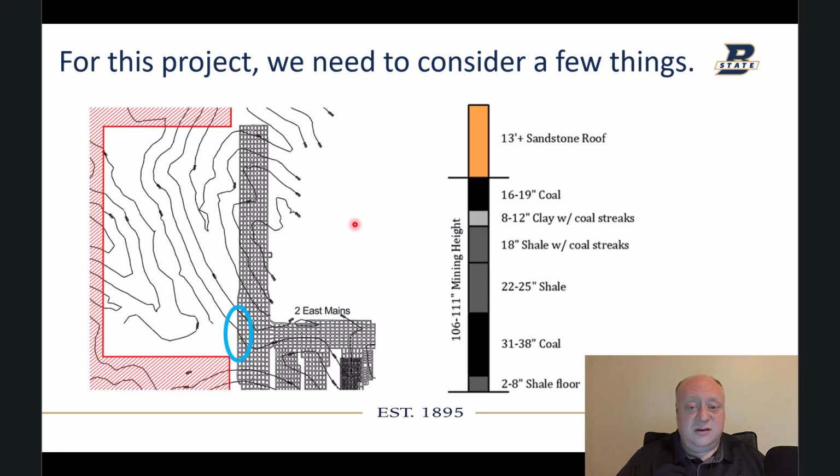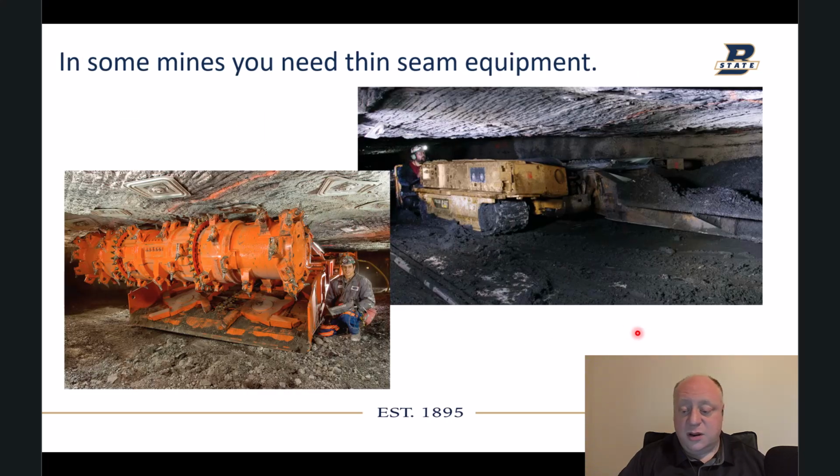So let's get into talking about that for a bit, and then we'll move on. To start out, in some mines you're going to need thin seam equipment. Not this one, but in some you will. For example, on the left here is what is probably a Joy 14CM10, the thin seam miner.